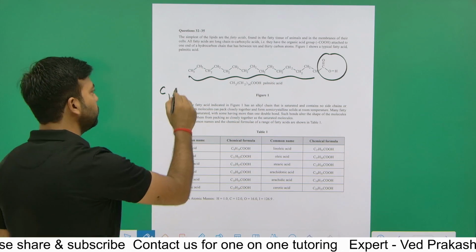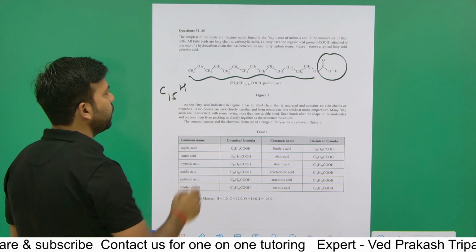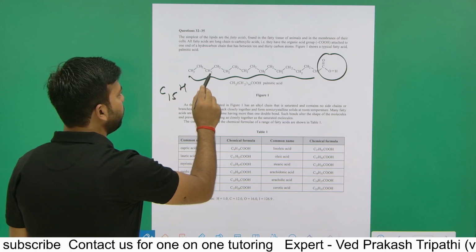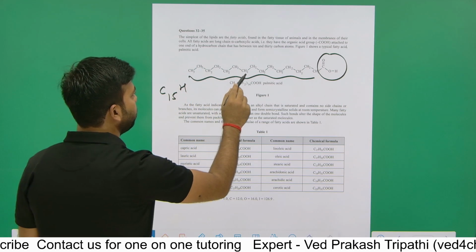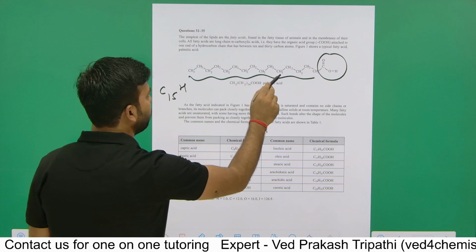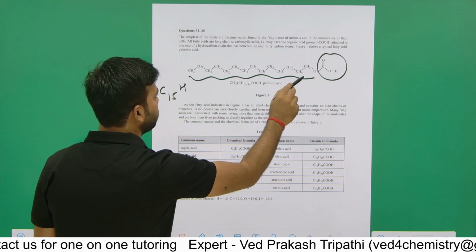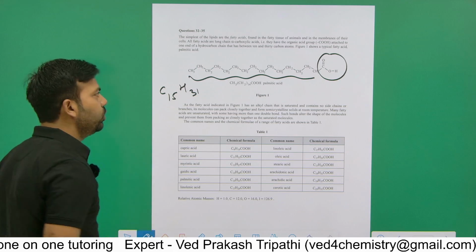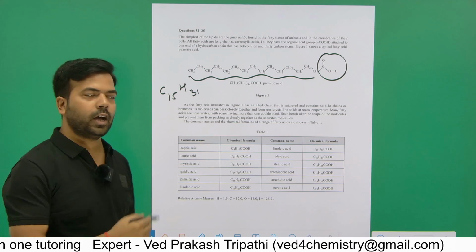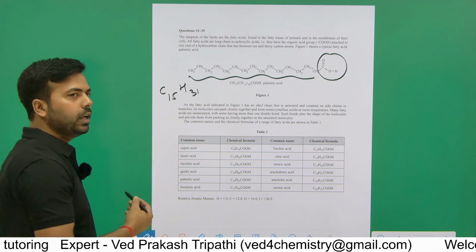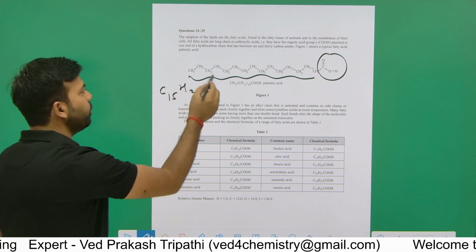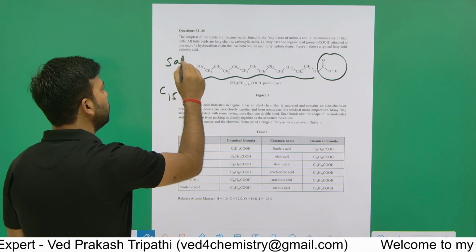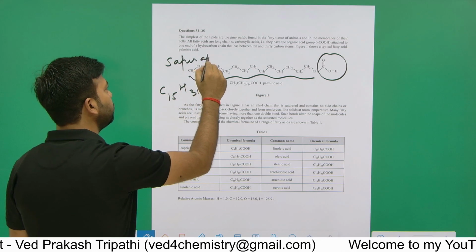How many hydrogens? 3, 5, 7, 9, 11, 13, 15, 17, 19, 21, 23, 25, 27, 29 and 31. So this is palmitic acid, and the carbon and hydrogen here are C15 and H31, which is saturated. Single bond means saturated.